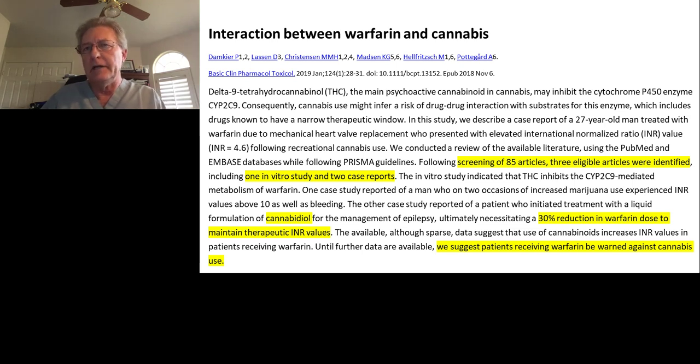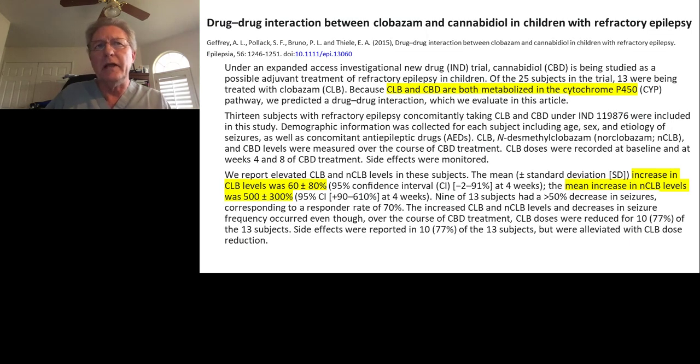In this next study, clobazam and its active metabolite, norclobazam, is metabolized by the cytochrome P450 enzymes as CBD, that being the 2C19 and the 3A4 family.